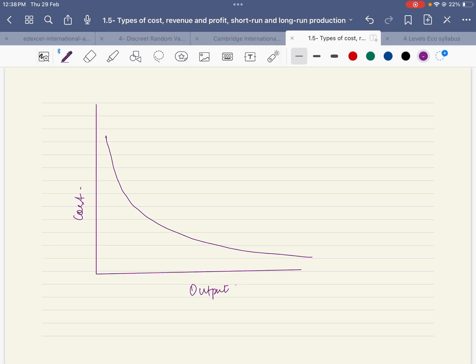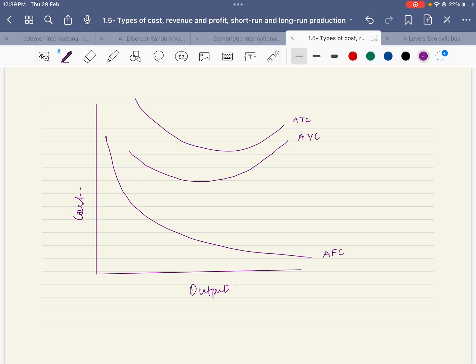Average total cost, on the other hand, is the highest curve. Average total cost is the highest curve as it's going to be above fixed cost and above variable cost. Average variable cost is the curve that will start here and it will move closer to average total cost, but it will never meet the average total cost curve.